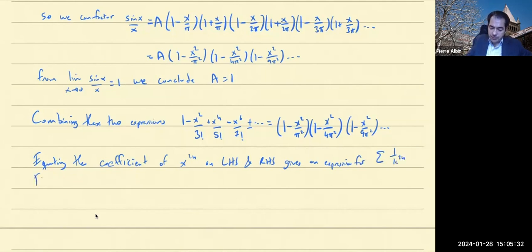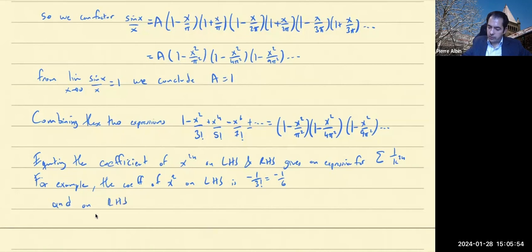Right, so for example, the coefficient of x squared on the left-hand side is minus 1 over 3 factorial, which is minus 1 over 6.